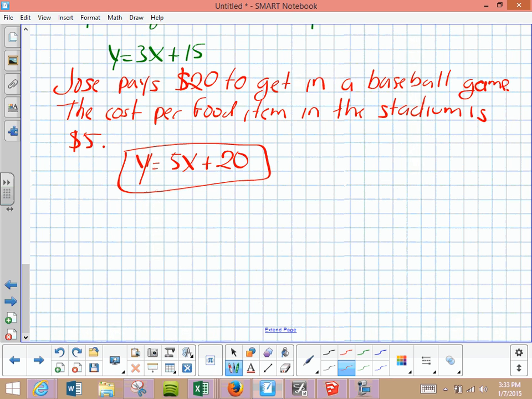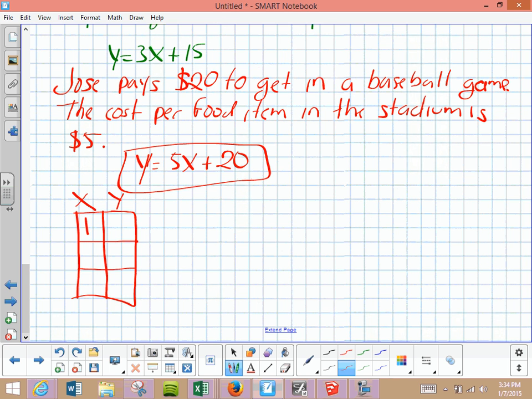Guys, pay attention. You don't ask me later on what you're doing. You already have the equation. Here's what I want you to do. I want you to create a little table. This is going to be the X. That's going to be the Y. So you're going to tell me, in this case, how much would it be to buy only one food item?